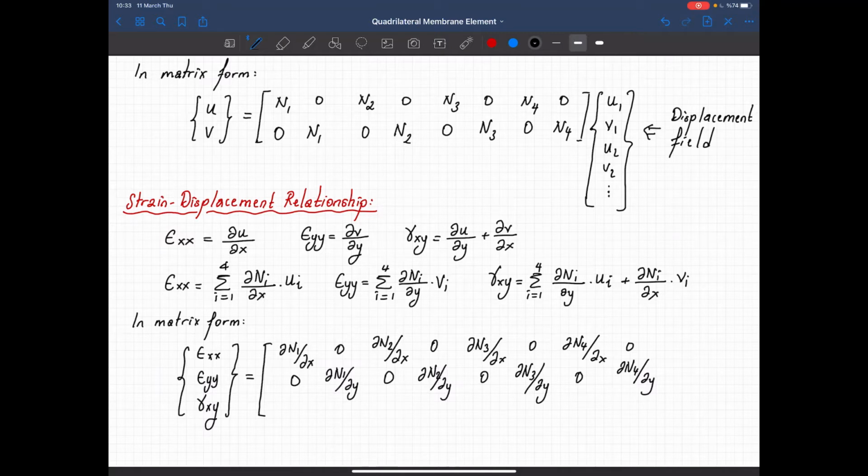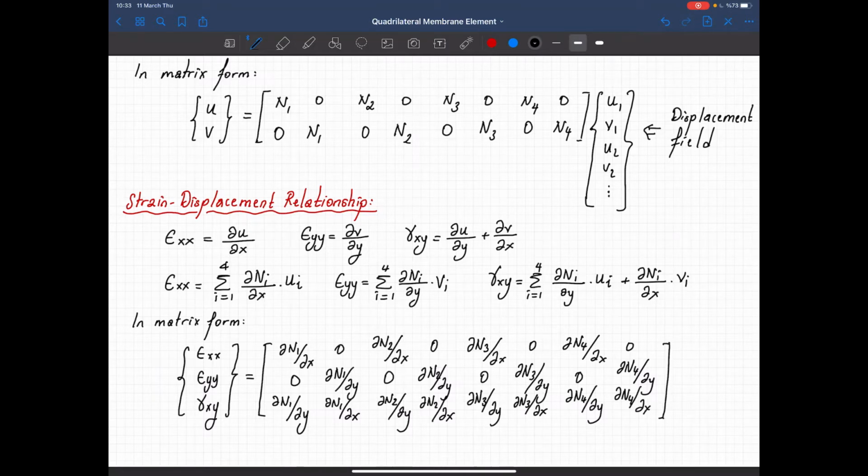And for the shear strain, now I have to do this: del N1 over del y, del N1 over del x, del N2 over del y, del N2 over del x, and this should be multiplied by the nodal displacements u1, v1, u2, v2 and so on.